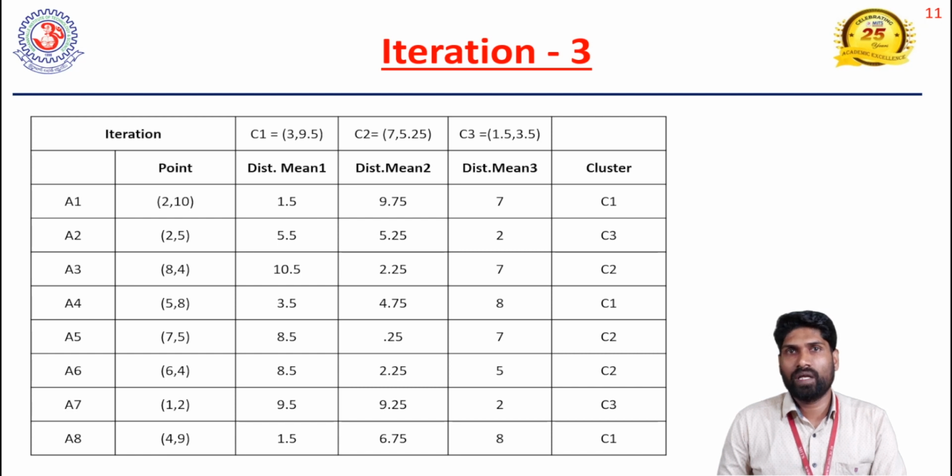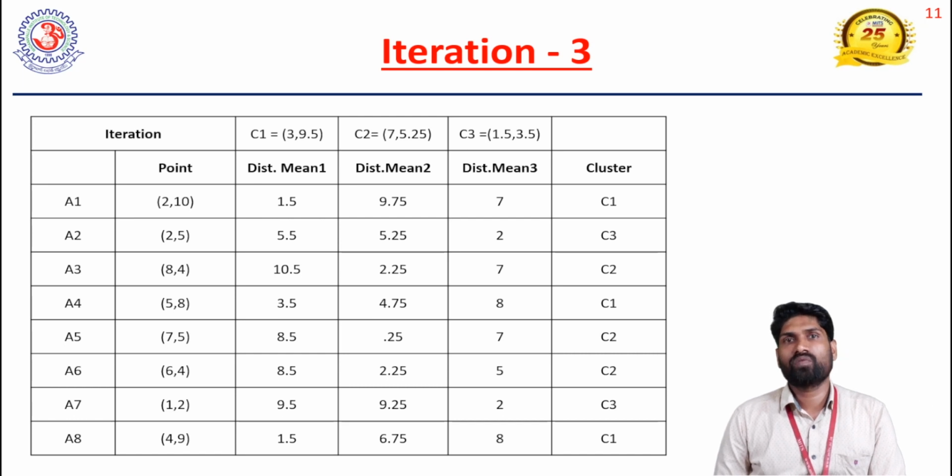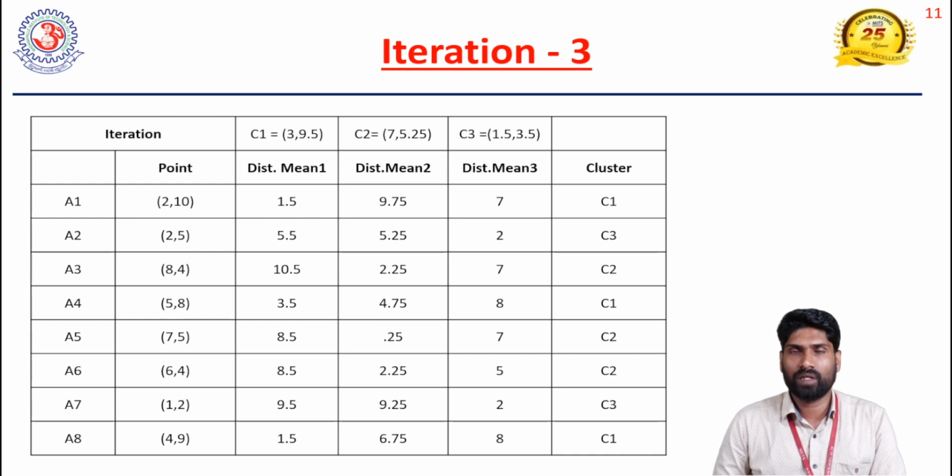We got the values like C1 to A1 as 1.5, C1 to A2 5.5, same way 10.5, 3.5, 8.5, 8.5, 9.5, 1.5. All these values we calculated using Manhattan distance. And for C2 we used the same formula. The calculation steps are all the same. We got the values like this.